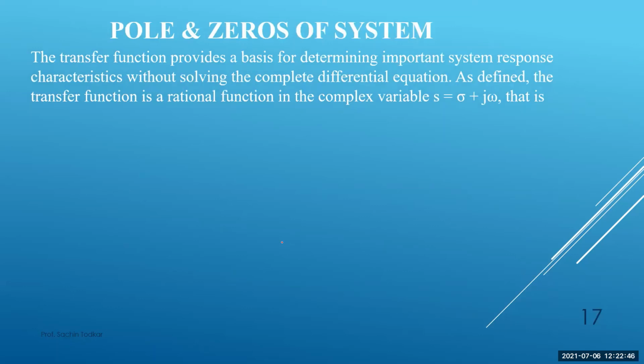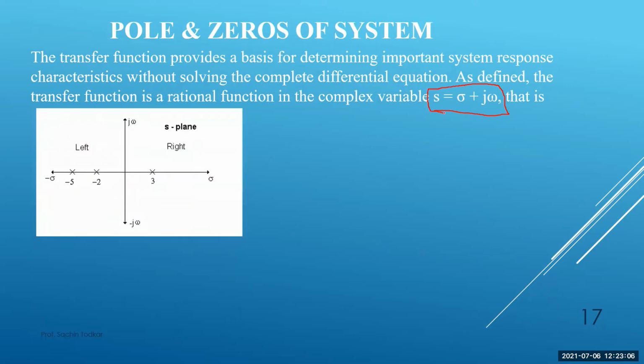Now we have seen transfer function in chapter number 2. Now, how the transfer function can be used in the case of stability analysis. We are going to find out the roots of this equation, and the poles and zeros of that system. We can plot the poles and zeros on the S plane.